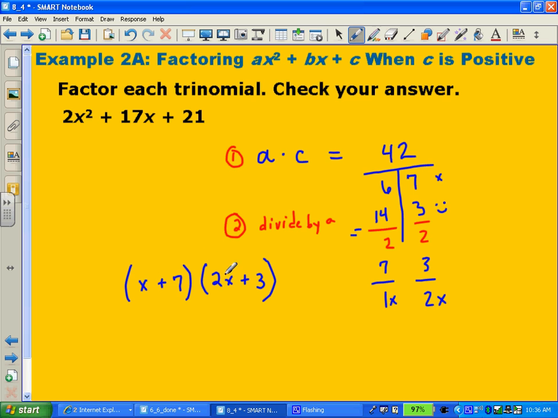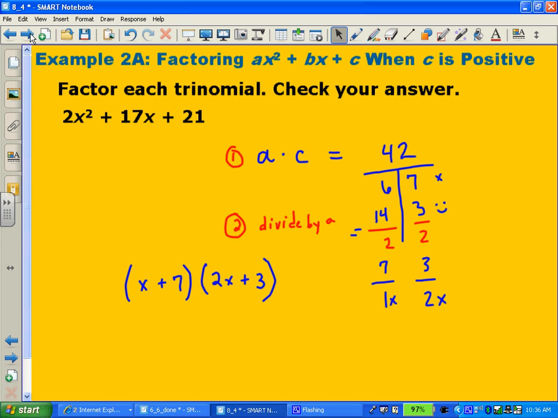And if we want to check it, 2x times x is 2x squared. Outer 3x, inner 14x, that's going to give me 17x. And last is 21. So this method just helps us to figure out which combination is going to get us that middle term a little bit faster than trial and error ways will.